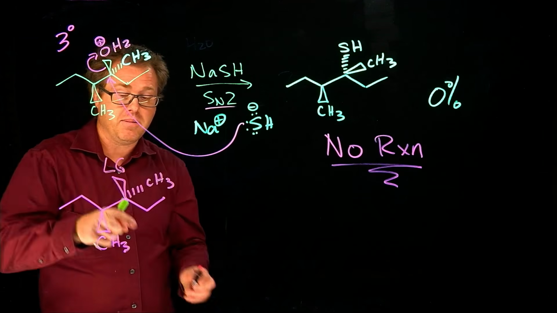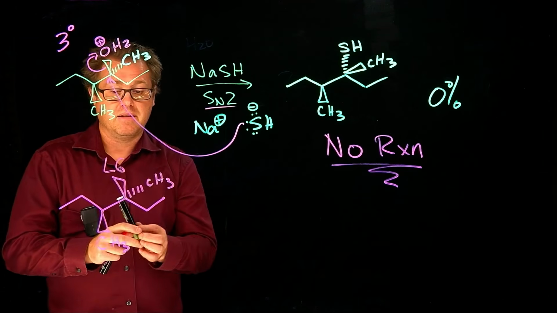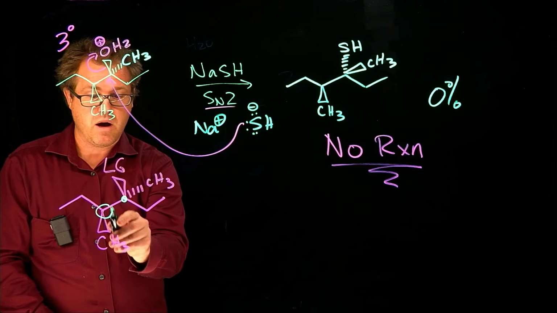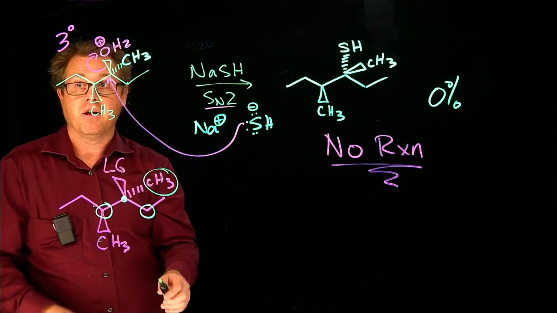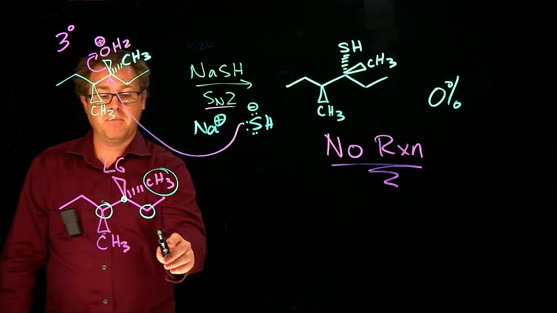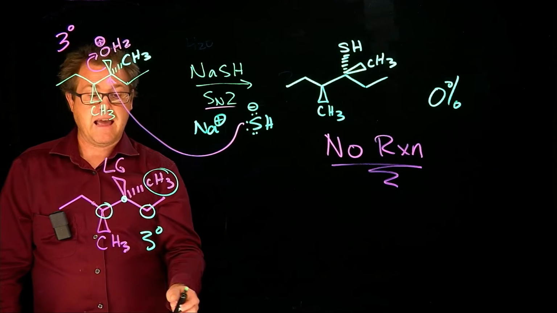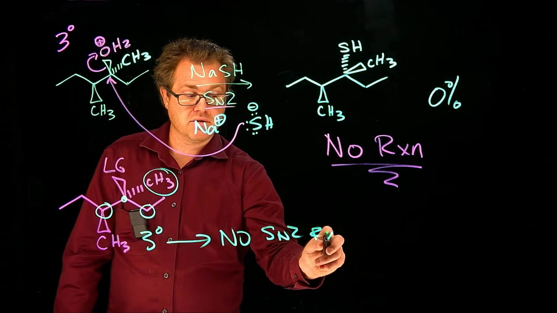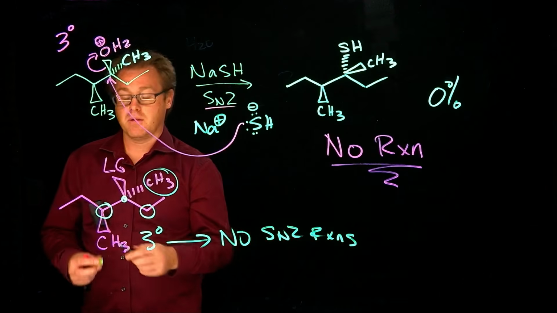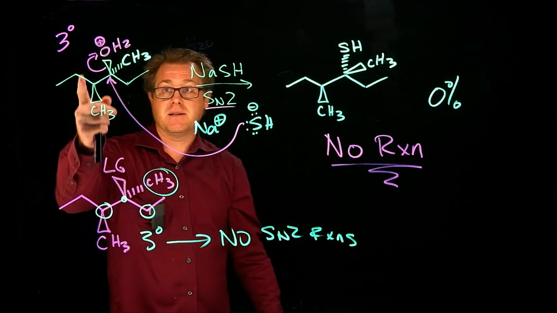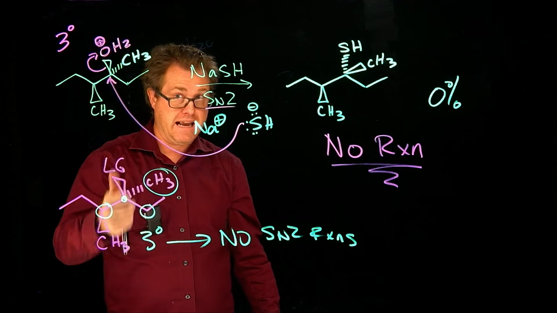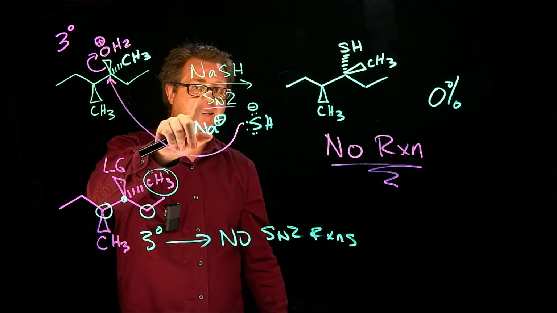If the carbon that the leaving group is attached to has one, two, three other alkyl groups, that makes it tertiary, hence no SN2 reactions. That does not work. Now, can this molecule right here still undergo a reaction? Yes, but not an SN2 mechanism.